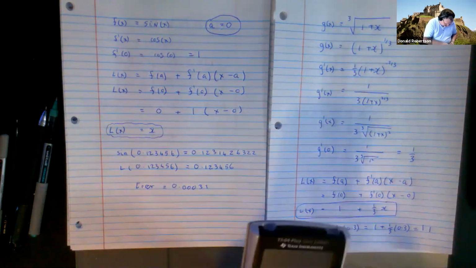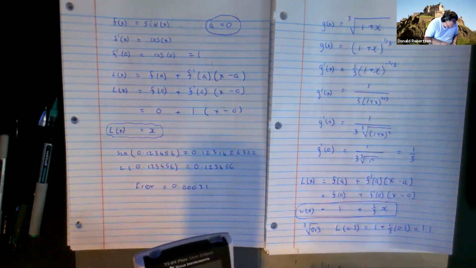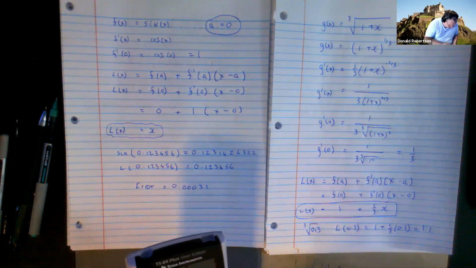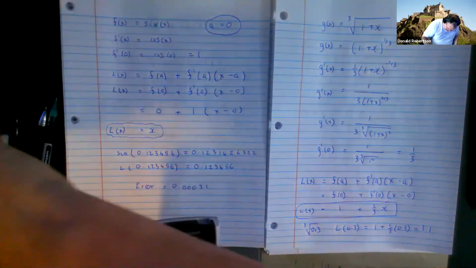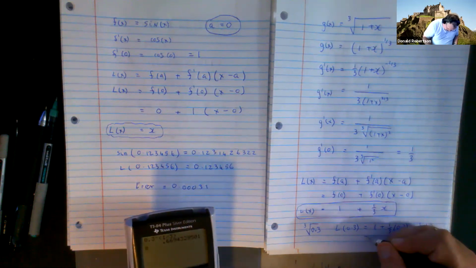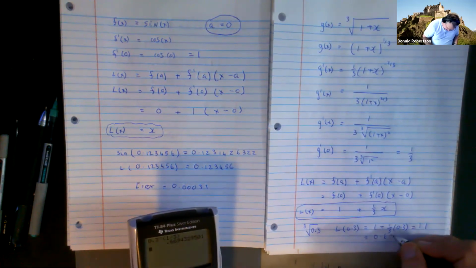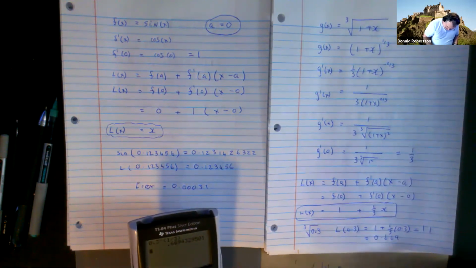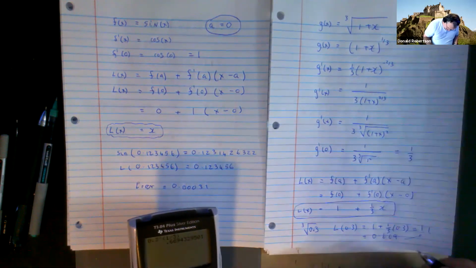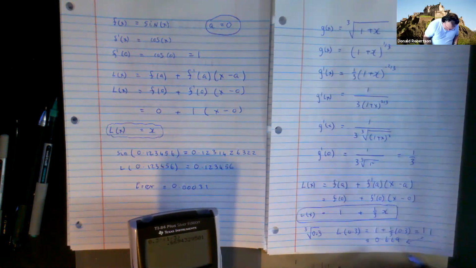And now I'm going to find the cube root of 0.3. And the answer I get is not good. It's 0.669. Now, can you see that there is a lot of error between here and here?